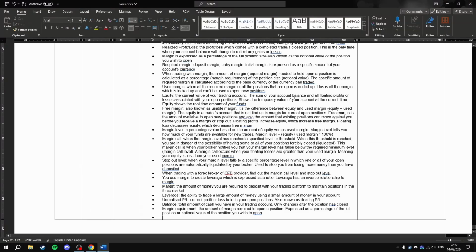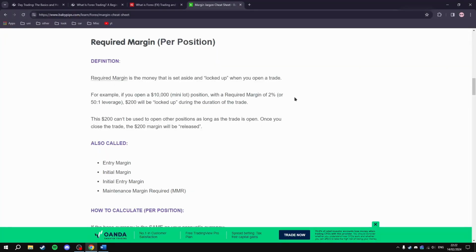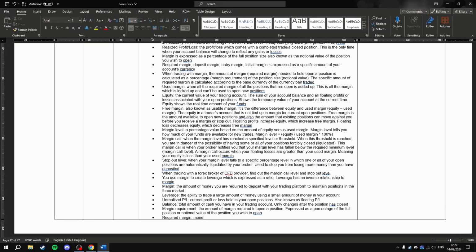Required margin is the money that is set aside and locked up when you open a trade.